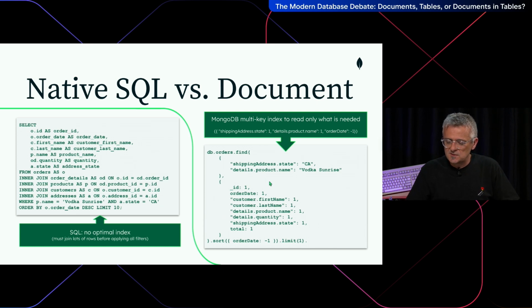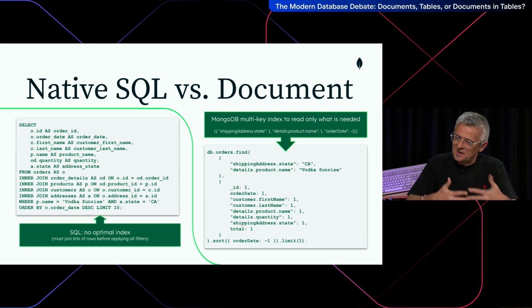Whereas if everything is in a single place, a single document, you can have an index that will cover all the filters. So it will be more performant, not because it's doing fewer joins, but because it can filter, it can avoid reading too many rows, joining them and filtering later.